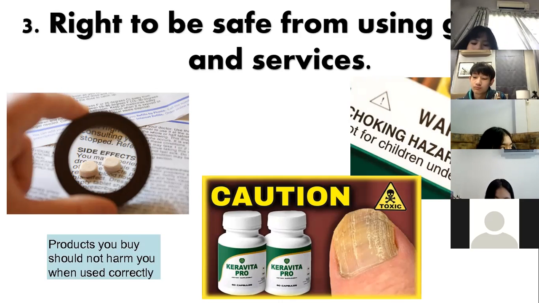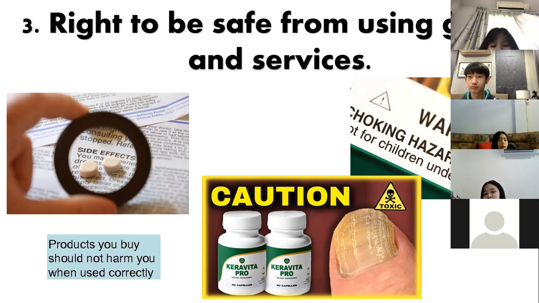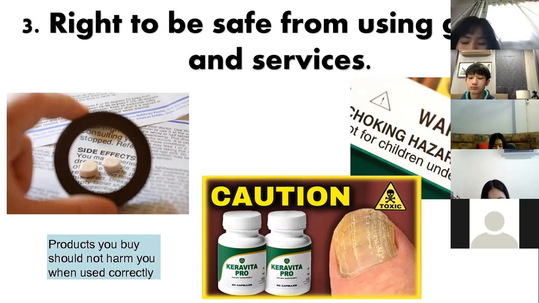So as a consumer, you have the right to be safe from using the goods and services. Let's say you go to a massage parlor, and the oil that they're using is giving you skin allergies. So you are already not safe from using the services. Again, you can sue anyone if they harm you from using the goods and services.